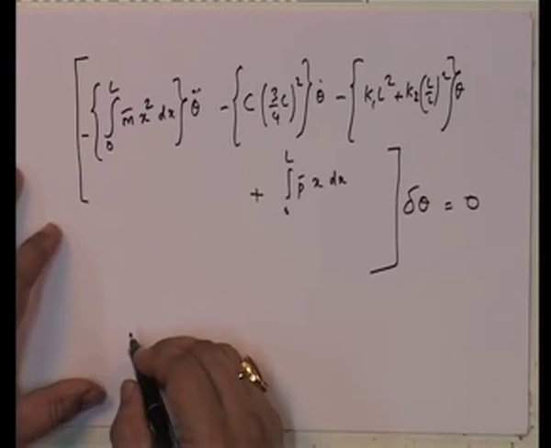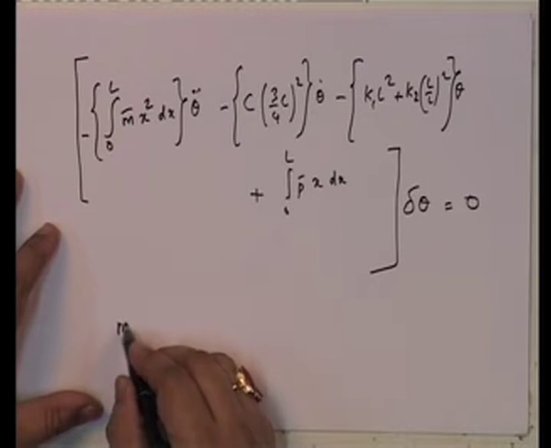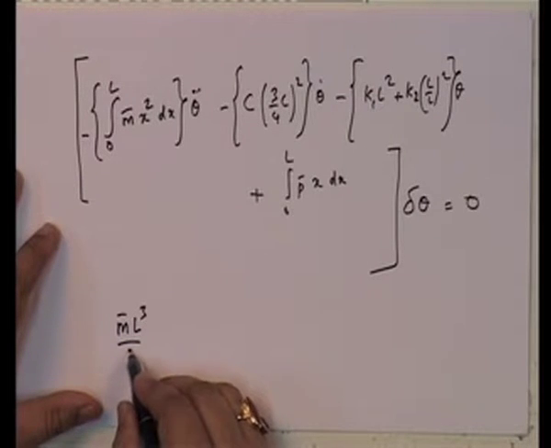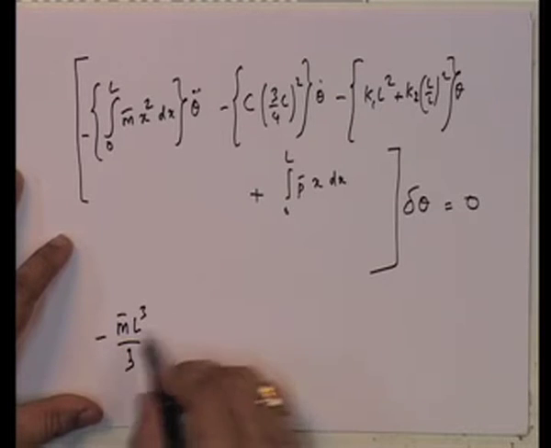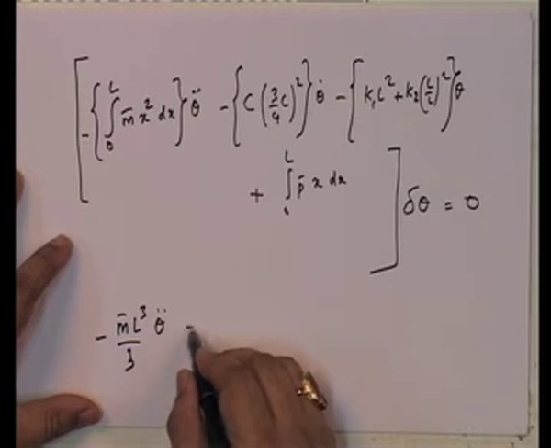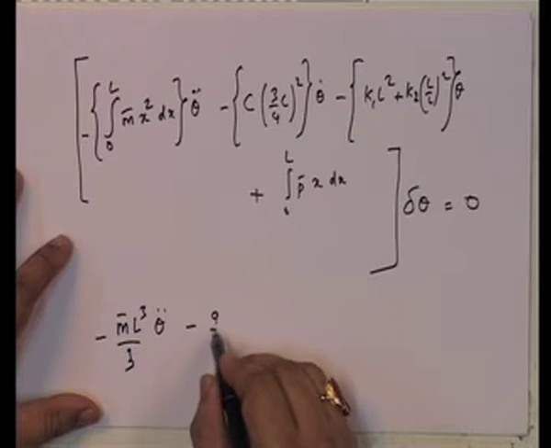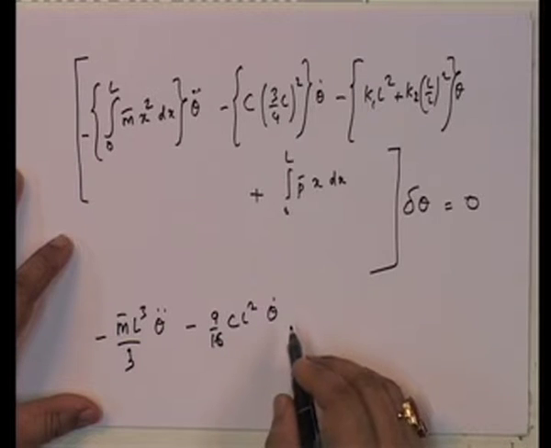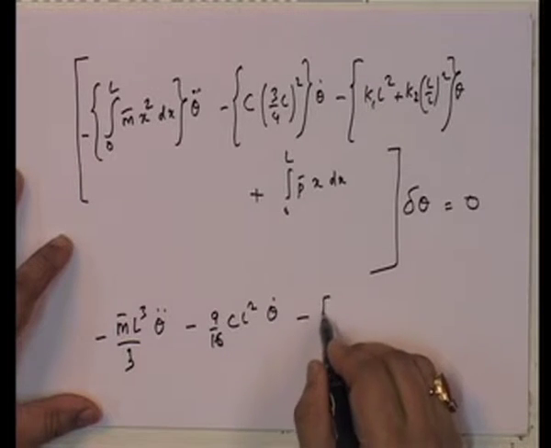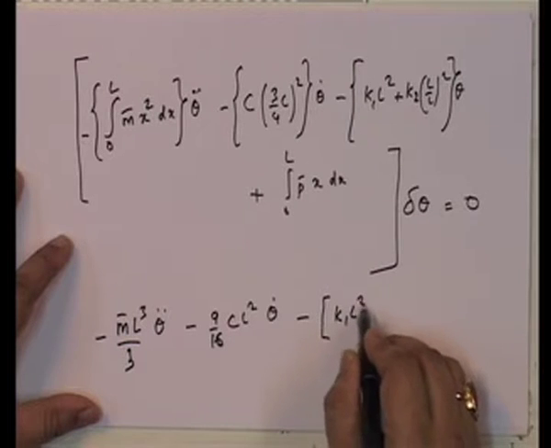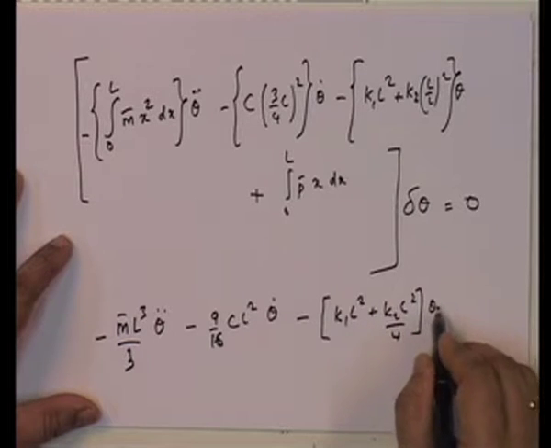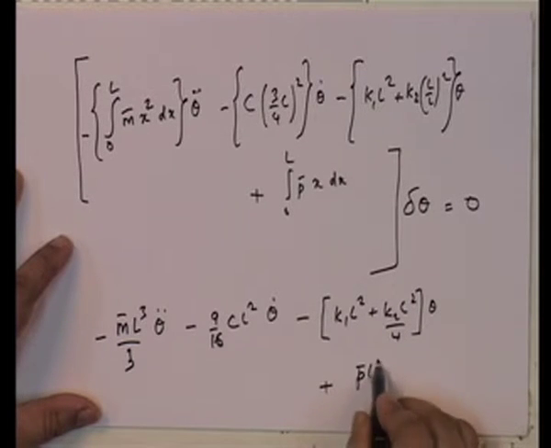I get the following. I get m bar L cubed by 3 theta double dot minus 9 by 16 C L squared theta dot minus k 1 L squared plus k 2 L squared by 4 theta plus p bar L squared by 2 is equal to 0.